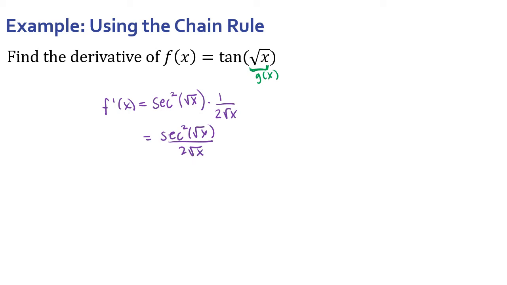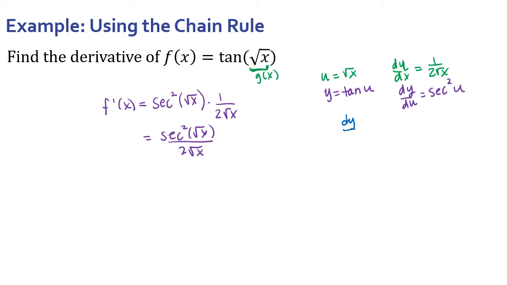So again, if I went through and did this the other way, and you can choose whichever method makes the most sense to you. If I set this up, I'd have u equals the square root of x, y equals the tangent of u, so du over dx equals 1 over 2 root x, and dy over du equals secant squared of u.